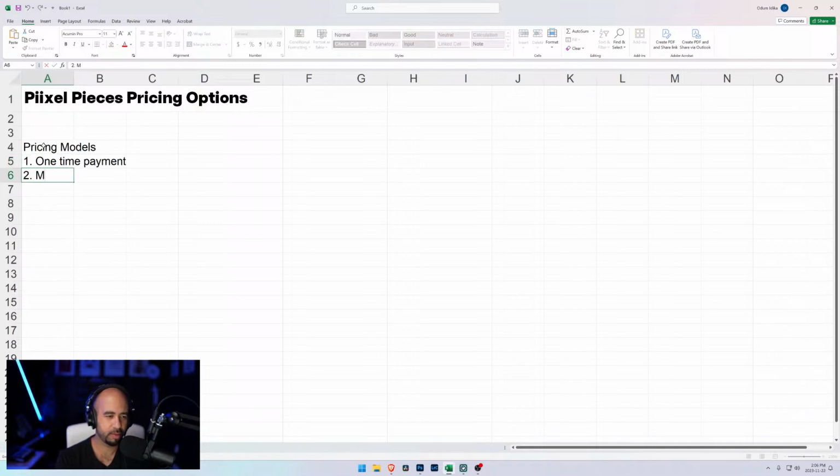Number two, you can have monthly subscriptions, right? We can do that. For the templates, we can have a single-use purchase. And then there could be a combination of all these different options.